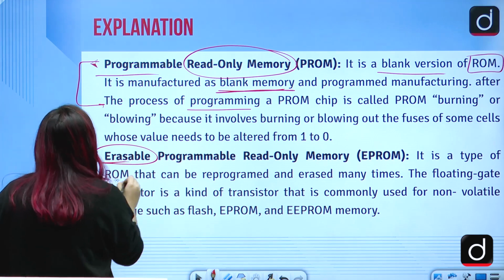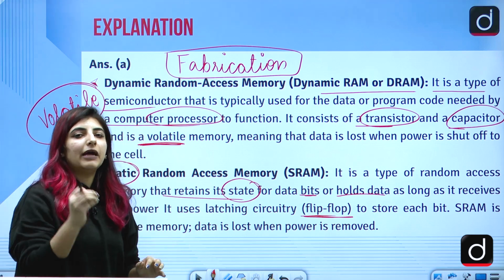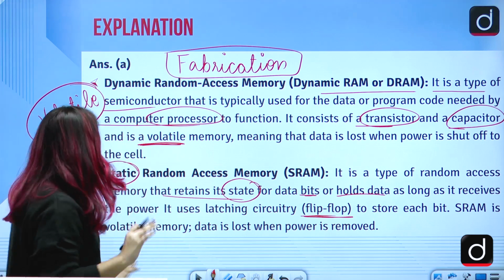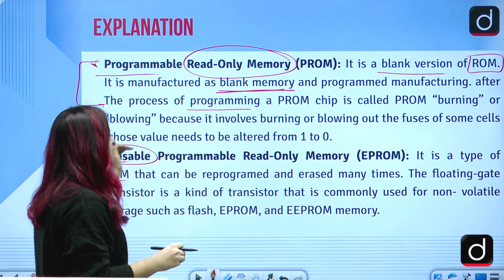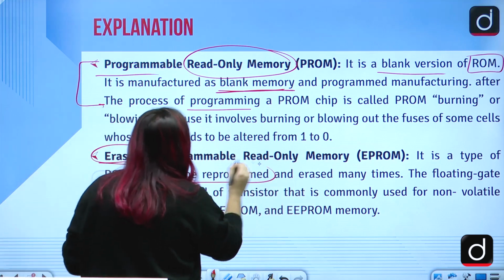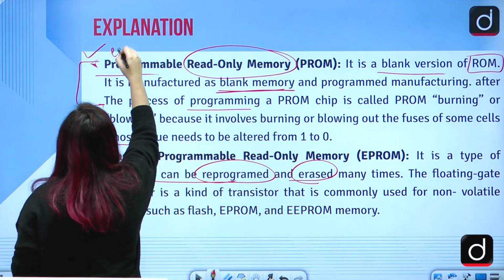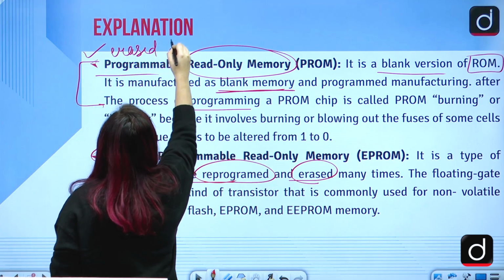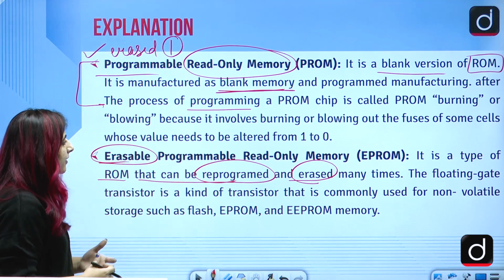It is a type of ROM. So we have done till now 4 types, out of which 2 are subtypes of RAM and 2 are subtypes of ROM, correct? Erasable programmable read-only memory can be reprogrammed and erased many times. So the previous one can be programmed only once, and this can be erased many times and rewritten, correct?